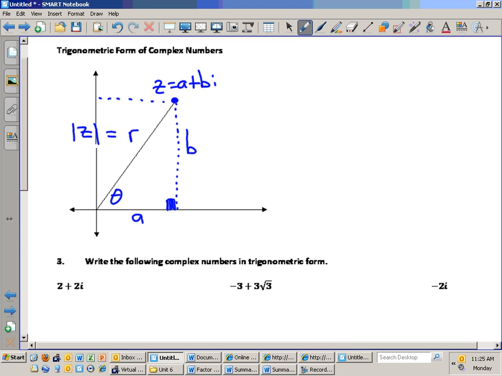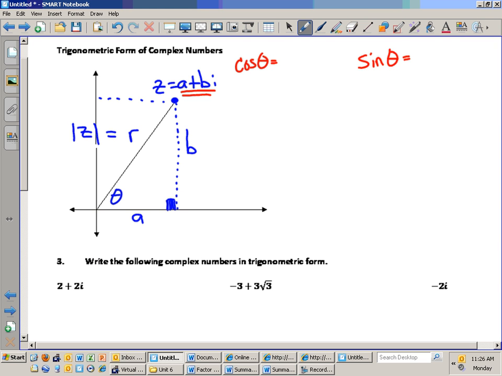Now, what I want to do is rewrite this number, a plus b i, to involve trigonometry. Because if you write things in trig, it's going to make it easier for us in the long run, and you'll see why. So here's what I'm going to write. Cosine of theta is equal to something, and sine of theta is equal to something.